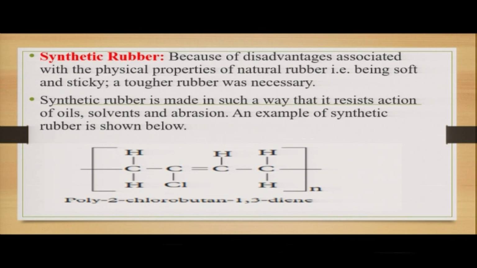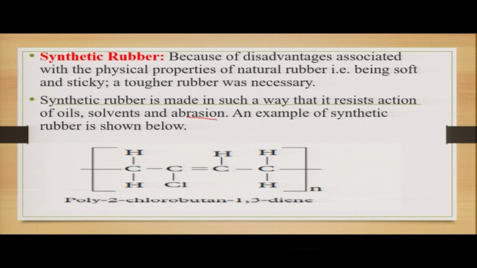Natural rubber is soft, sticky, and melts at low temperatures. Therefore, synthetic rubber has been made so that it resists the action of oils, so other substances cannot dissolve it, and it resists abrasion, that is, wearing off by other substances.